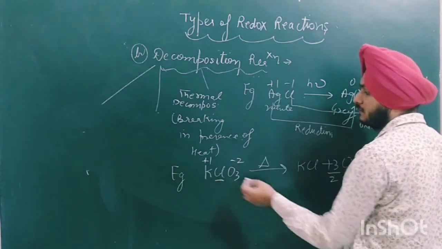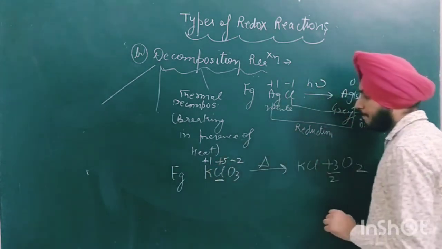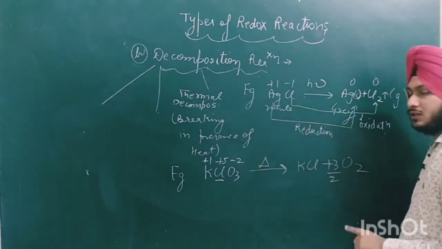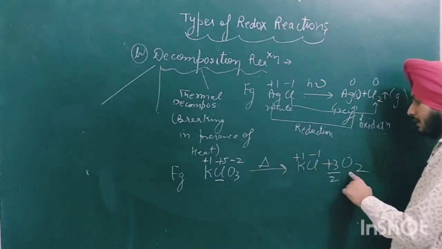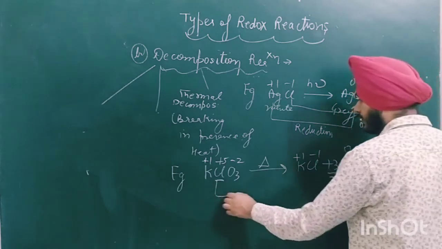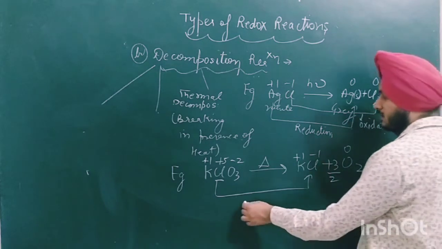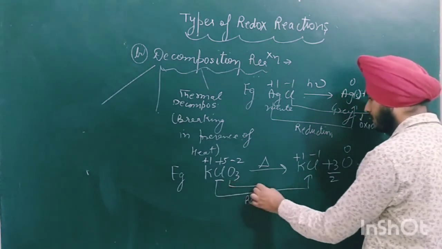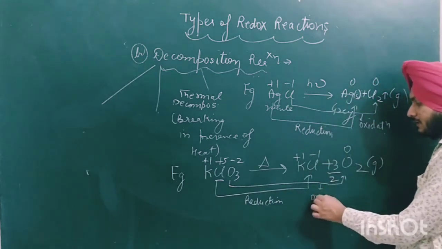The oxidation number of Cl after calculating comes out to be +5, because +1 plus x plus 3 times -2 is equal to 0, so x is +5. Here it is +1, it is -1, and it is 0 in gaseous state. So Cl converts from +5 to -1, so reduction takes place, and the oxidation number of oxygen changes from -2 to 0, and that is why oxidation takes place.